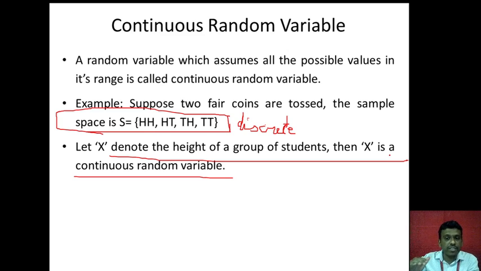The number of liters of water in the bucket represents a continuous random variable because you can have any value. It can be 1 liter, it can be 2 liters, it can be 3 liters, or it can be anything between 1 and 2 or 2 and 3 liters also. So it represents a continuous random variable because it can take any value.